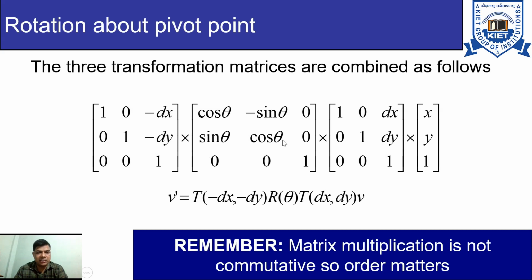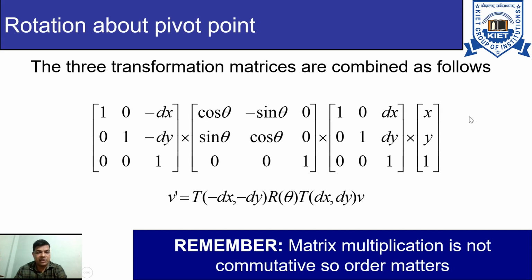Finally, I have to multiply all these matrices with the object matrix. For example, if the object is a point, I write the matrix as x y 1. If the object is a line, I write x1 y1 1, x2 y2 1.